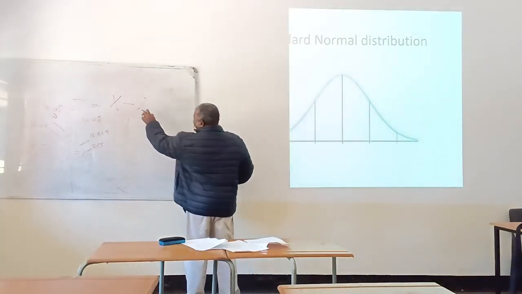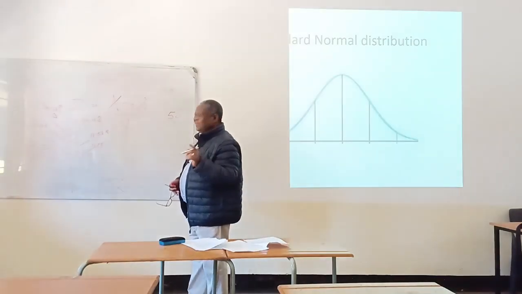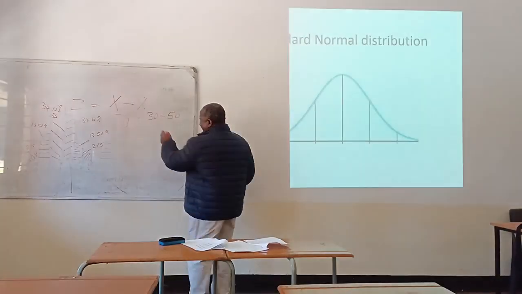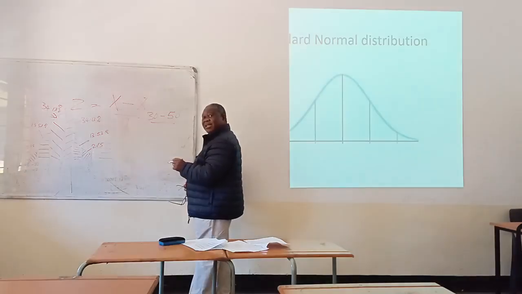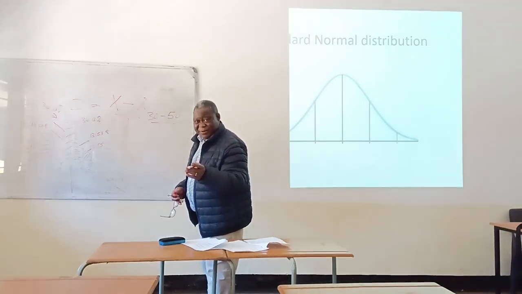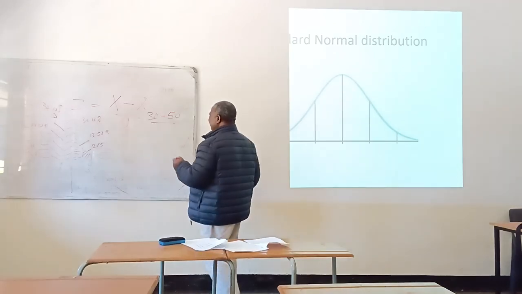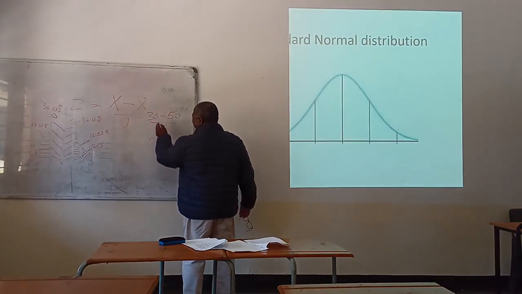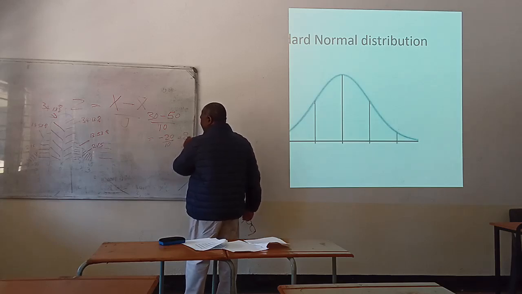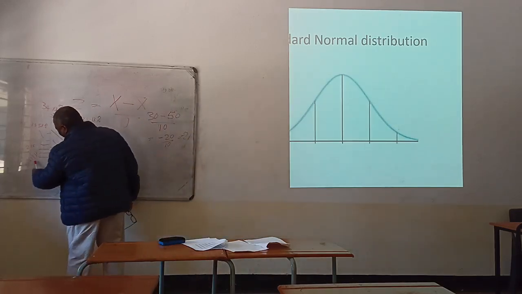So for the student who scored 30, we put 30 minus 50, divided by the standard deviation, which is 10, which is equal to minus 20 divided by 10, which is equal to minus 2.